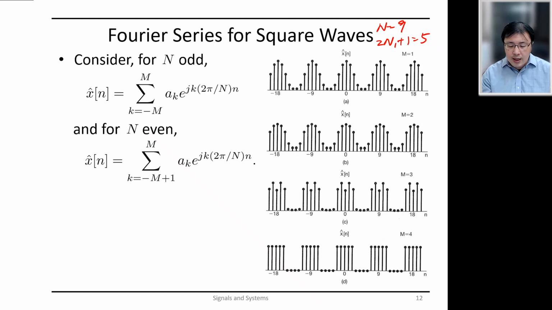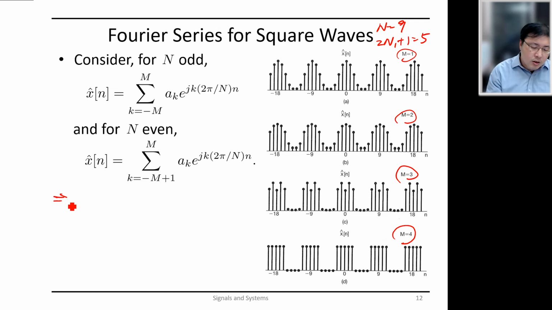As we increase M from 1 to 3 to 4, we eventually are able to perfectly reconstruct the square wave, and this is done without any convergence issues. We do not have the overshoot given by the Gibbs phenomenon, and we do not require infinite summation to push this peak to the discontinuity point. So there is no convergence issue.